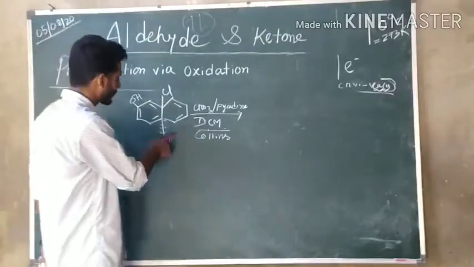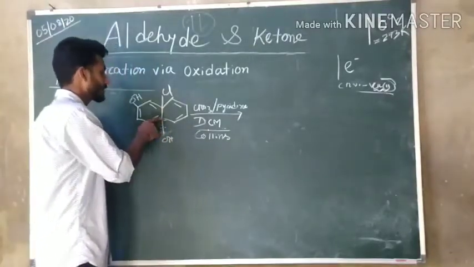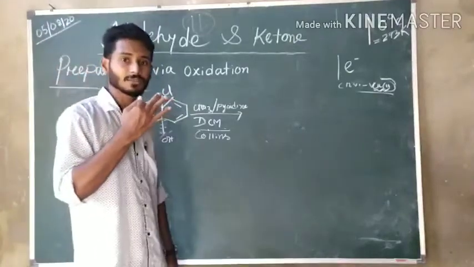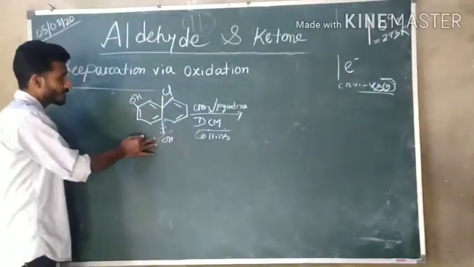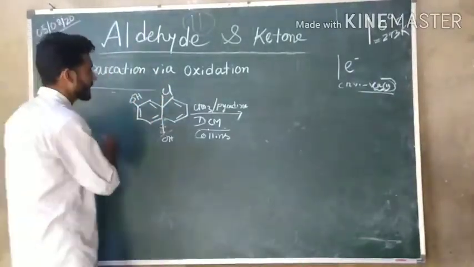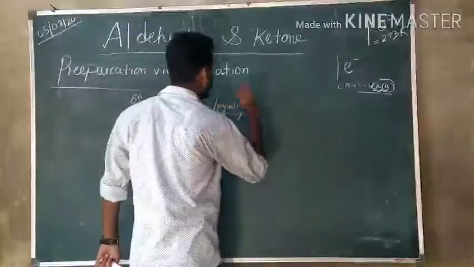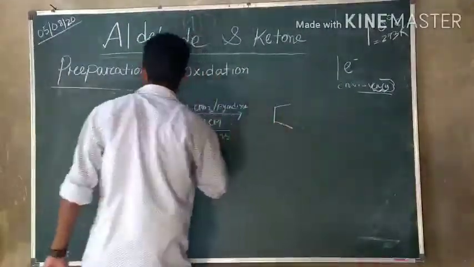This carbon attached to this OH has been attached to three other carbon atoms. That's why this is tertiary alcohol, and this is secondary alcohol. So for this secondary alcohol, no need to worry about other substituents.